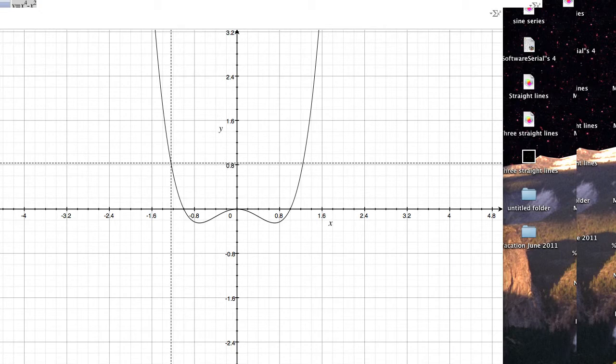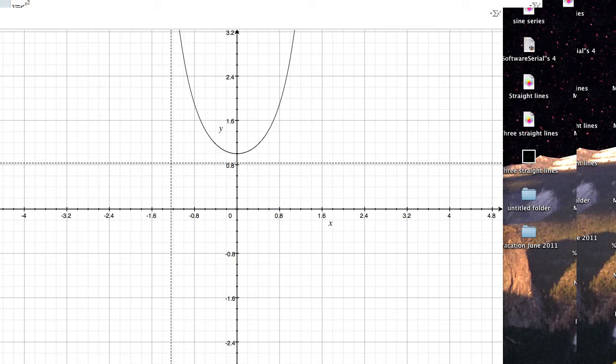So that is also an even function. Now, this is y equal e to the x squared, the number e raised to the x squared power. Here's what this function looks like. This function also has symmetry reflected across the y-axis. So that's an even function.